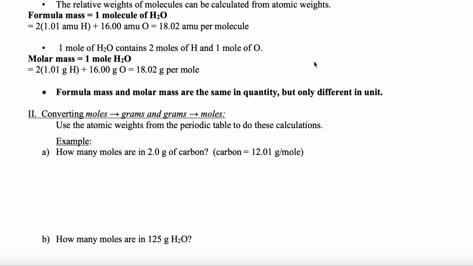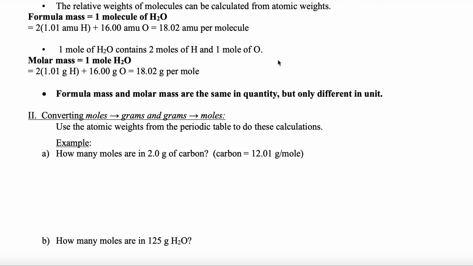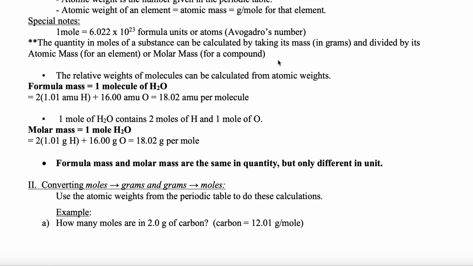As I just mentioned, the formula mass and molar mass are the same in quantity, only different in units. Formula mass is in AMU, and that's only 1 molecule. Molar mass is the same number, 18.02 grams per mole, which contains a lot of molecules.